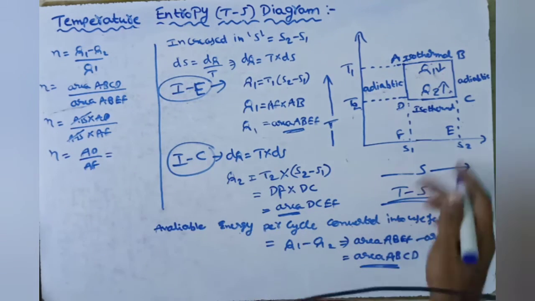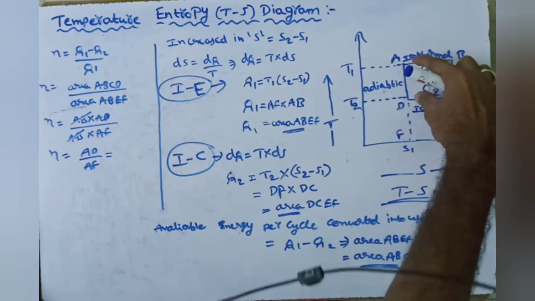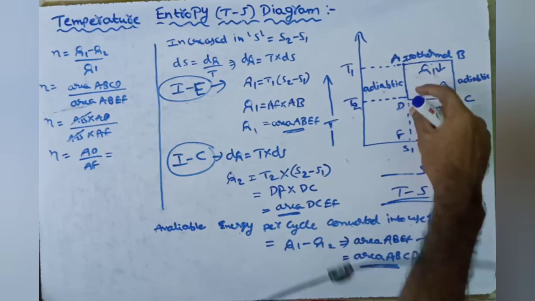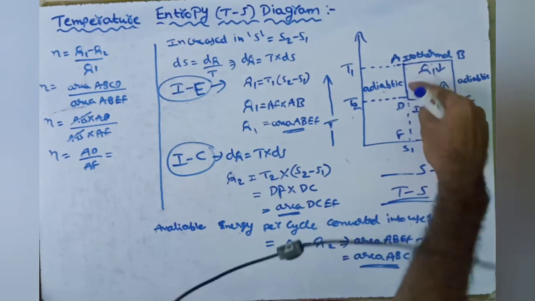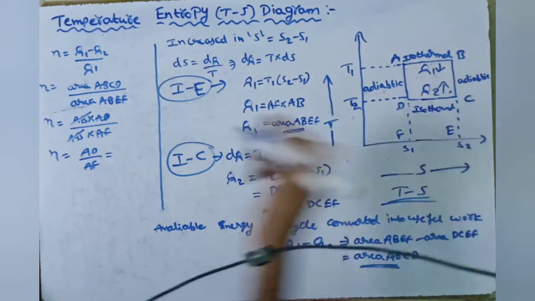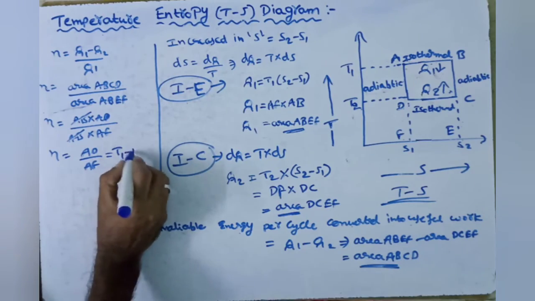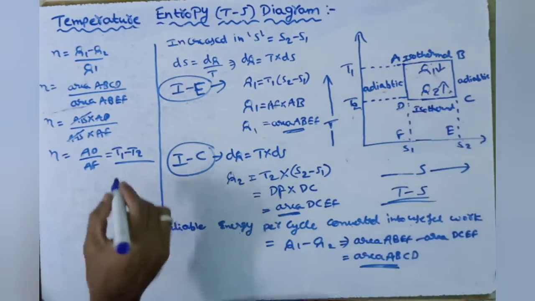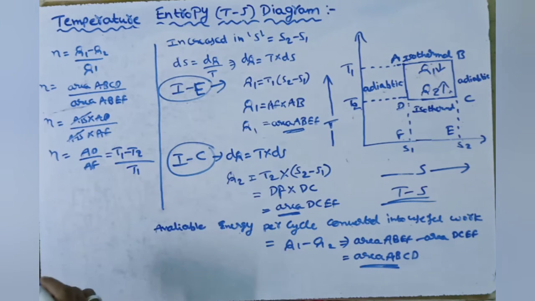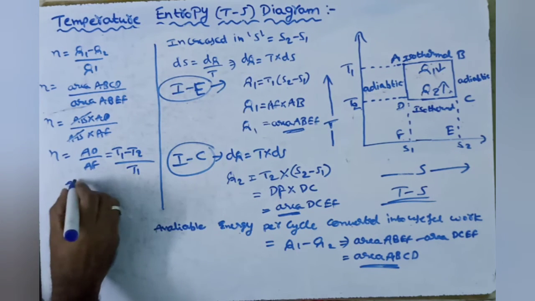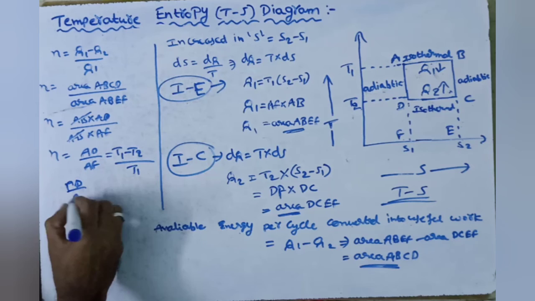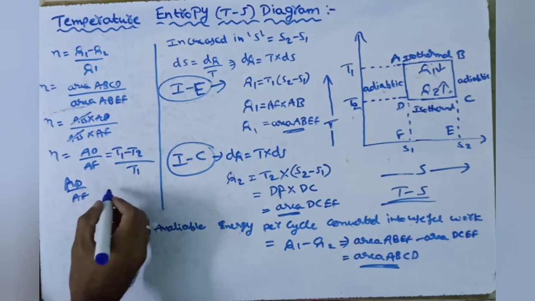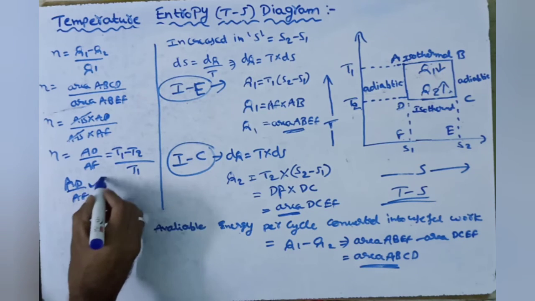AD means T1 minus T2, and AF means T1. This is the efficiency. The ratio of AD by AF on the TS diagram gives the efficiency.